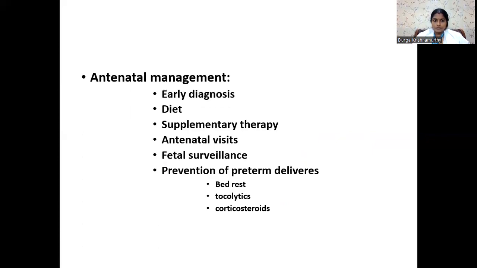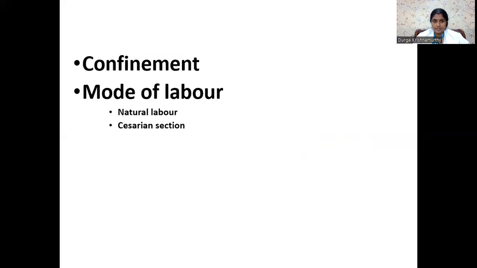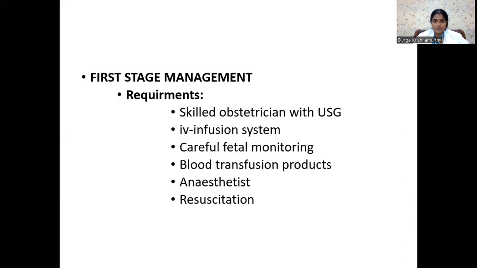So, what is the antenatal management of twin pregnancies? Early diagnosis, diet, supplemental therapy, frequent antenatal visits, vigilant fetal surveillance, and prevention of preterm deliveries by bed rest, tocolytics, and steroids. Mode of labor could be natural labor or cesarean section also.